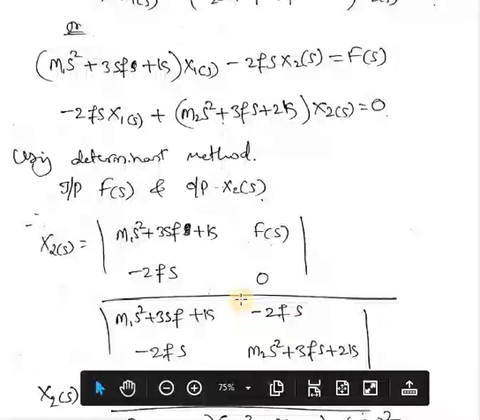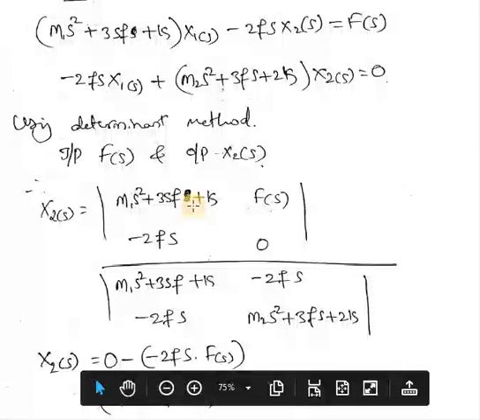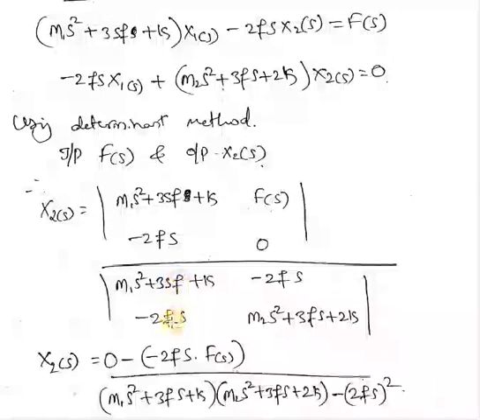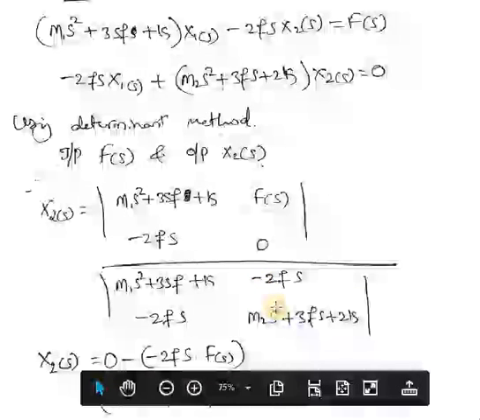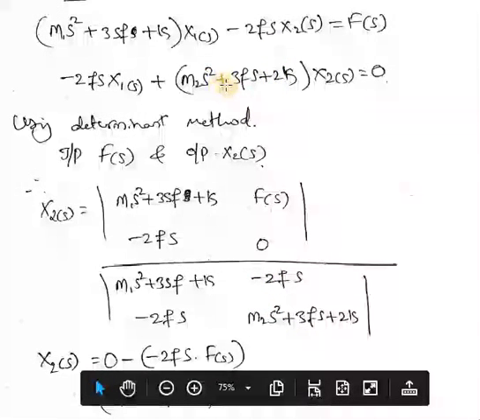Divided by, in the denominator, you have to repeat the first column as it is from the numerator. In the second column, you have to write the coefficients of x2 of s itself. In the first equation, the coefficient of x2 of s is minus 2fs. From the second equation, the coefficient of x2 of s is m2 s square plus 3fs plus 2k.